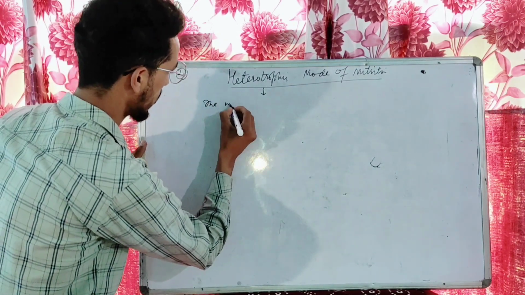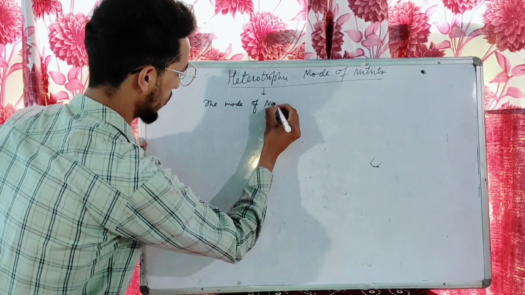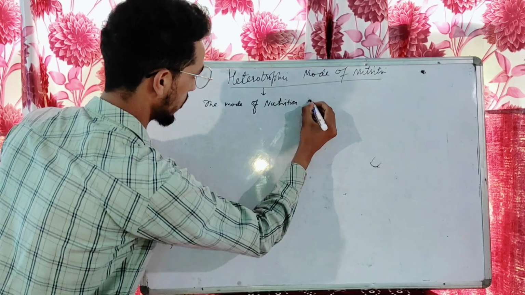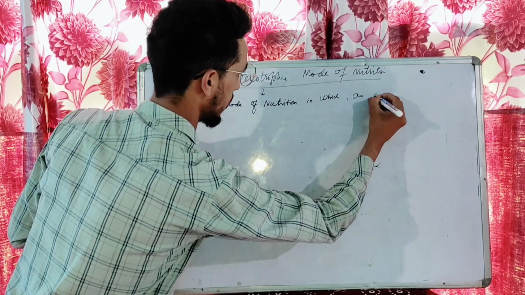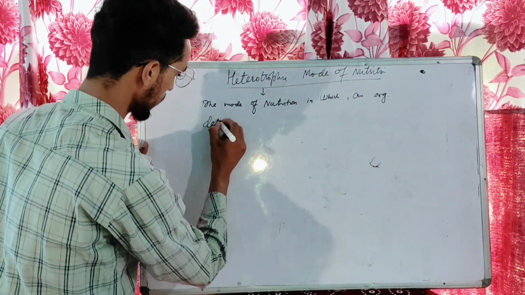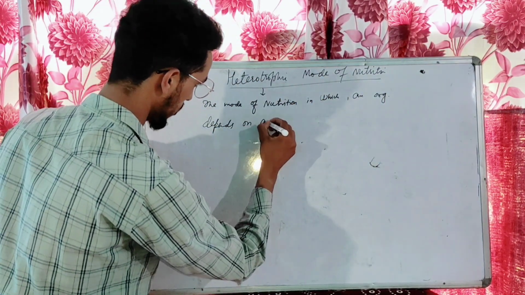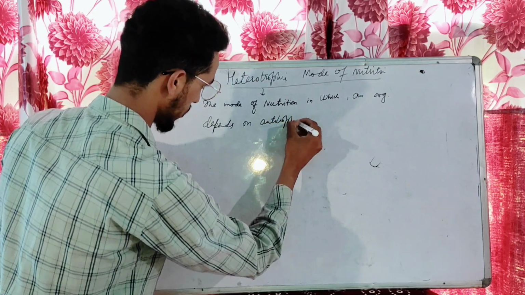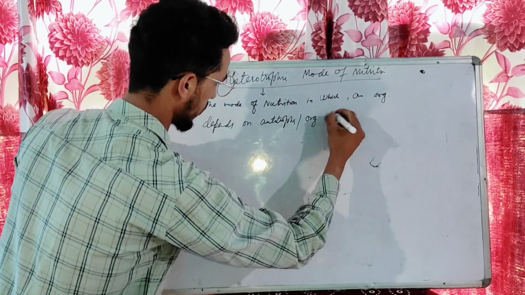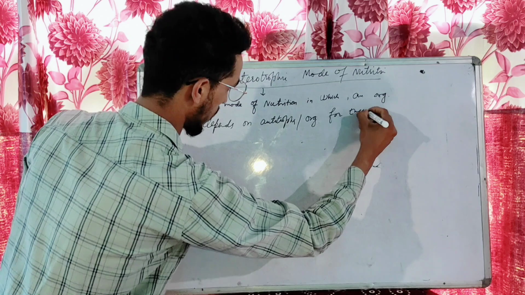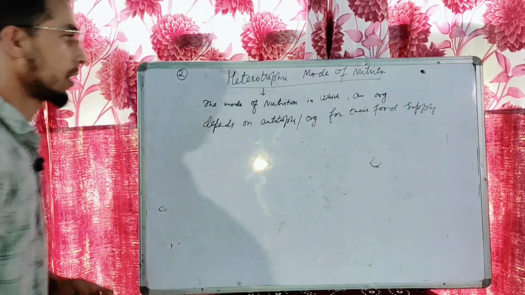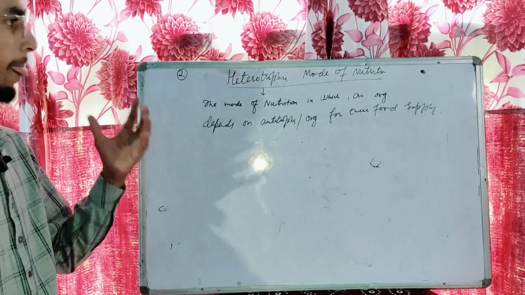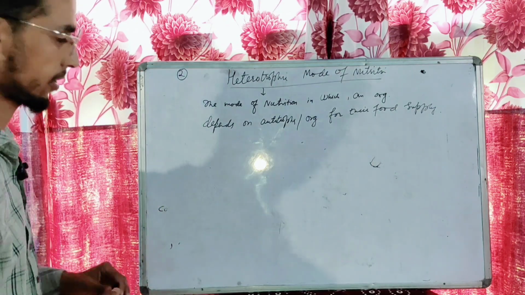So it is the mode of nutrition in which an organism depends on autotrophs or other organisms for its food supply.